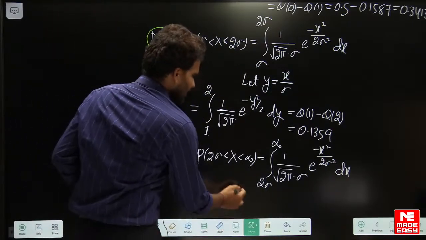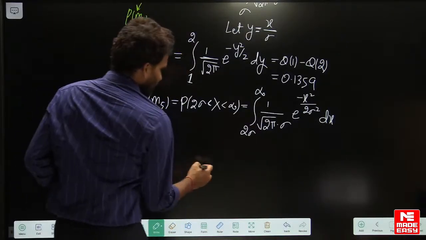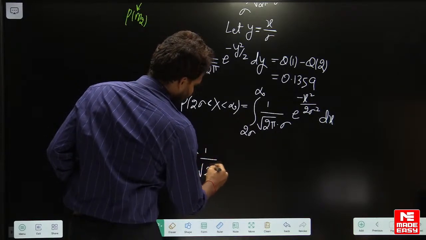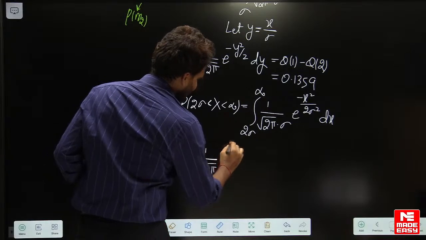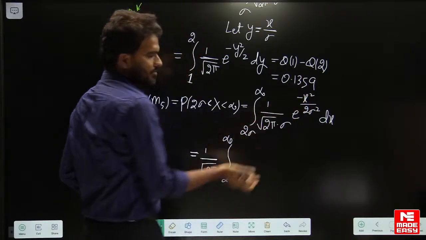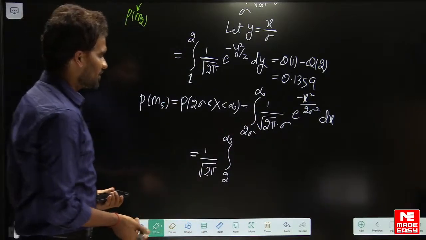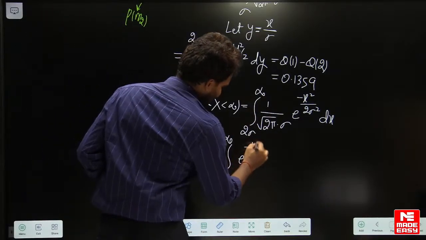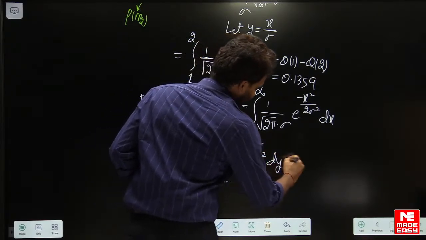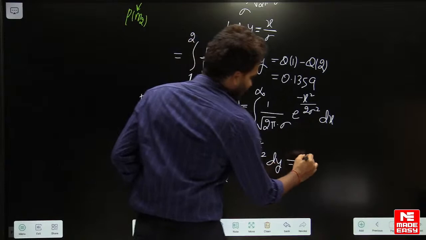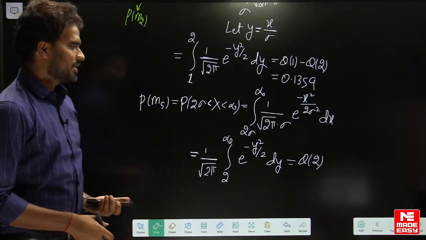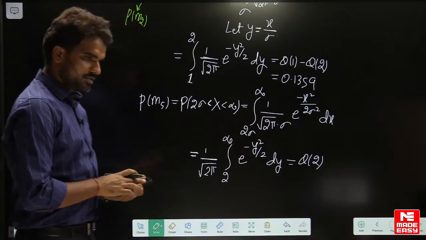If you simplify this, you will get 1 by root 2 pi, integration from 2 to infinity, assuming y is equal to x by sigma, e power minus y square by 2 dy. It is simply the area from 2 to infinity, which you can write as q2. The area from x to infinity is qx, so the area from 2 to infinity is q2.